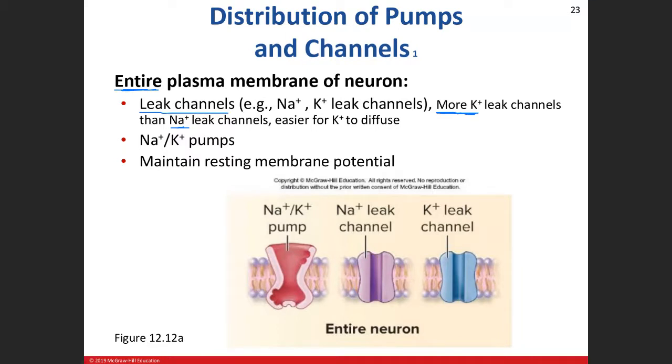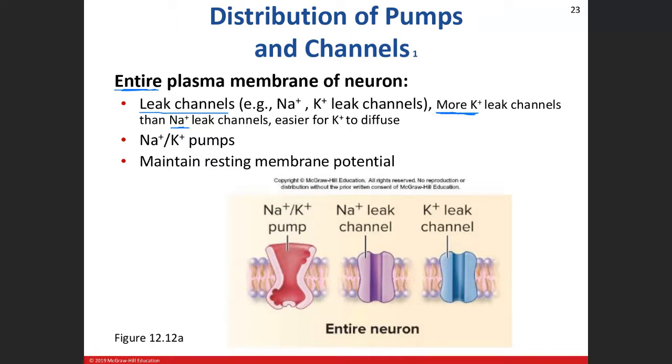The sodium leak channels let sodium enter the cell because there's more sodium outside than inside. The sodium potassium ion pump's like, the heck with that, I've got to keep pumping out this sodium that you're leaking into the cell, because that's what I do.